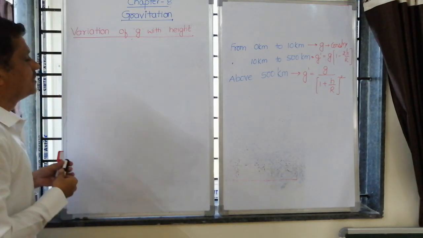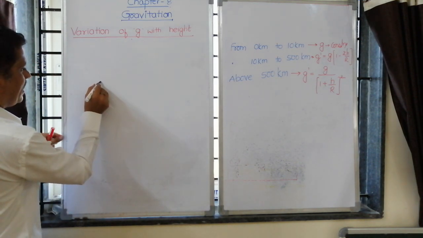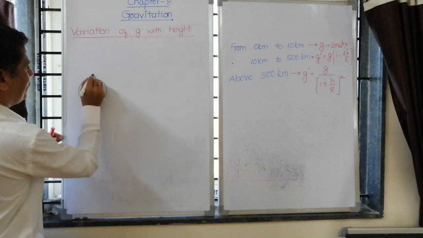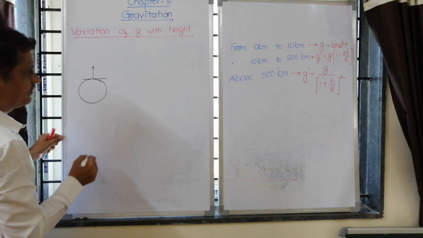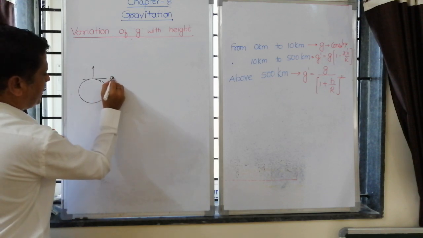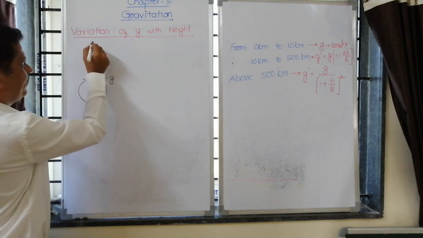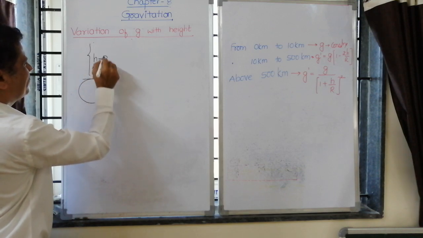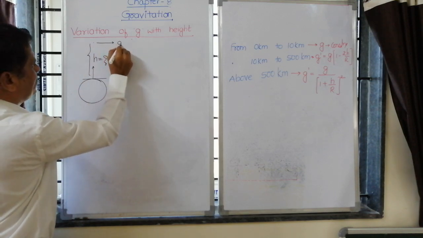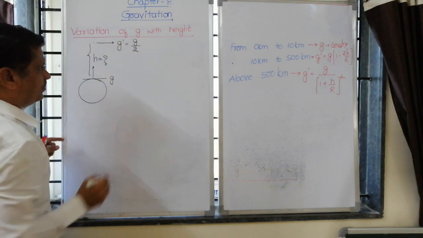Right. So my first question on this heading. As we know, if you go above the surface of the earth, G goes on decreasing. Suppose acceleration due to gravity on the surface of the earth is G, then at what height, that is H is equal to how much, for which G dash is equal to G by 2?